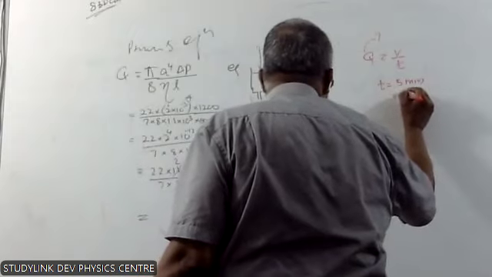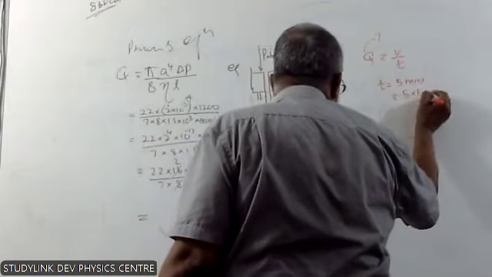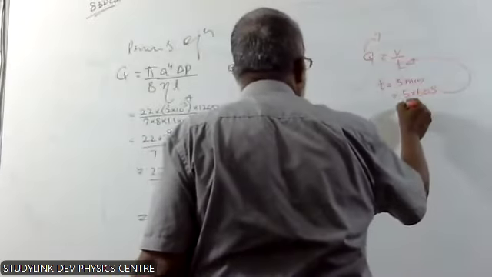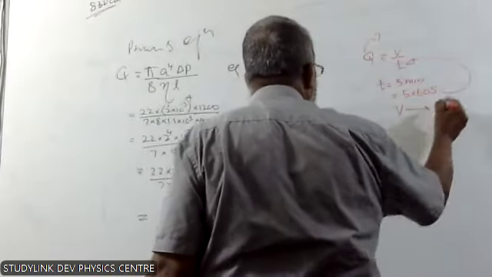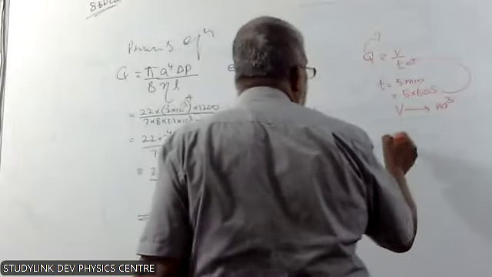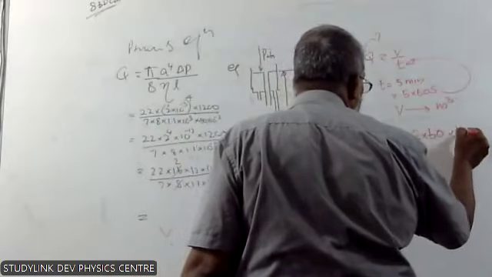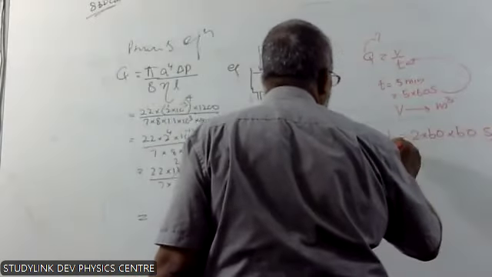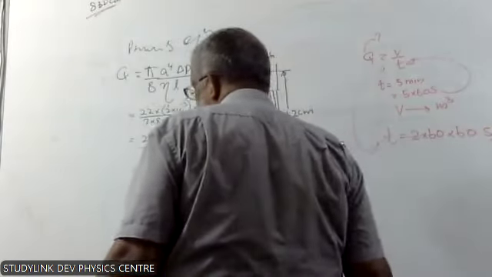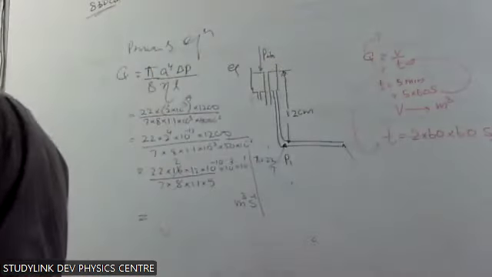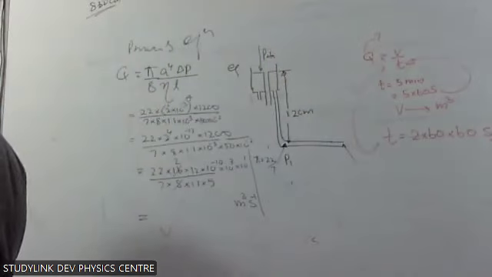But you can't use 5 minutes, it must be in seconds, 5 into 60 seconds. This should be substituted there. Then V comes in cubic meters. For 2 hours, T is equal to 2 into 60 into 60 in seconds. So that should be again substituted there and find the other volume. Q is known. Note down quickly. We are jumping to another one now.